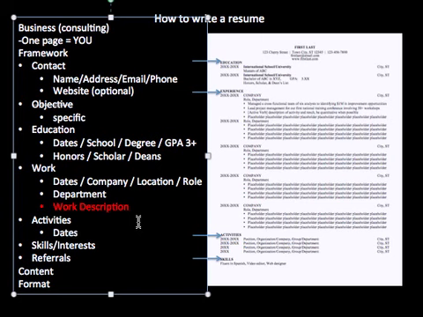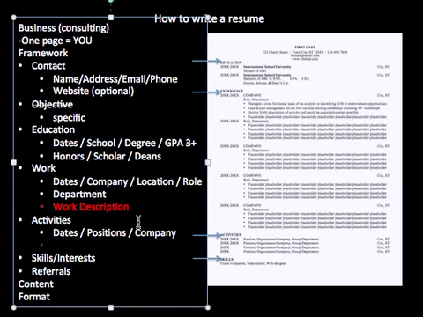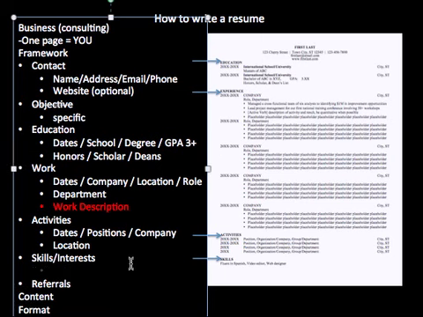Then activities, you want your dates, you want positions, the company or organization, and the location. For skills and interests, this is where you would put your language, or maybe you're in a band or you do public speaking.